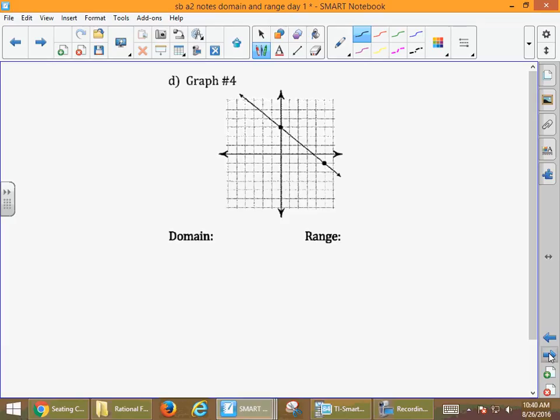But once again, we have arrows at the ends of these graphs. And I'm hoping that you can remember from Algebra 1 what the domain as well as the range is for a line with a slant. Anybody remember?